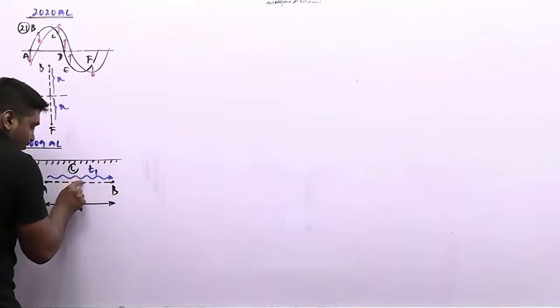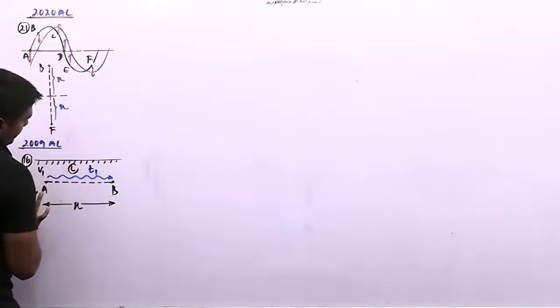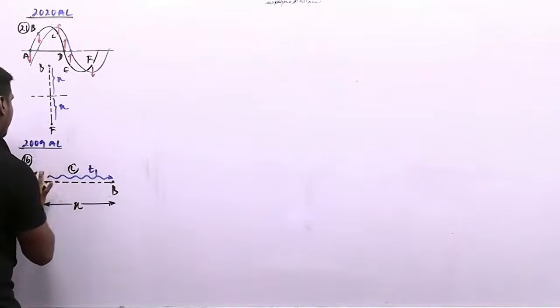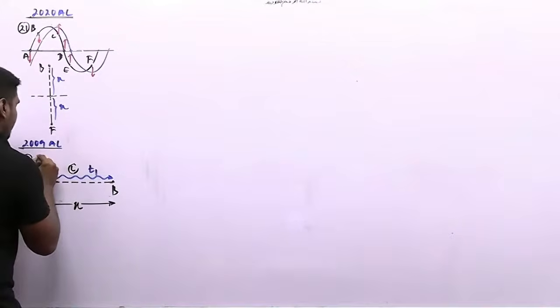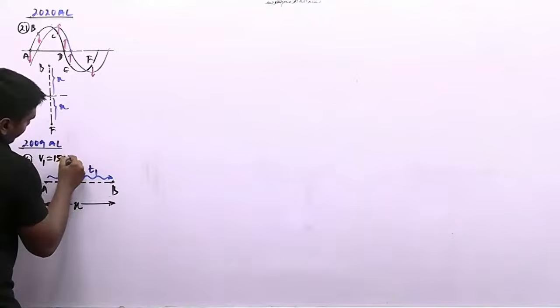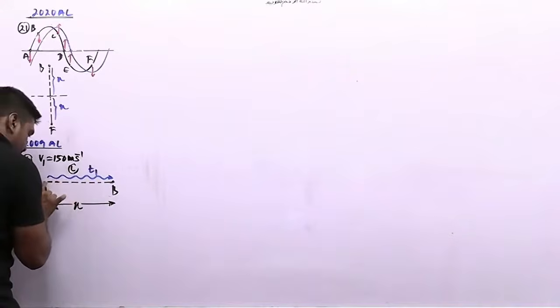What is the speed of the longitudinal wave? It is 150 m s^-1. V1 is 150.